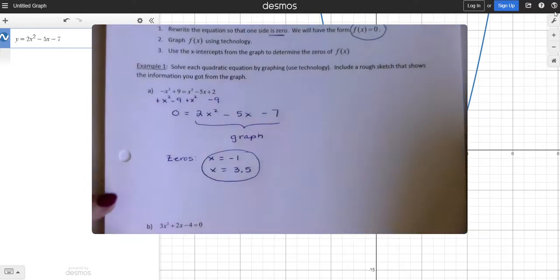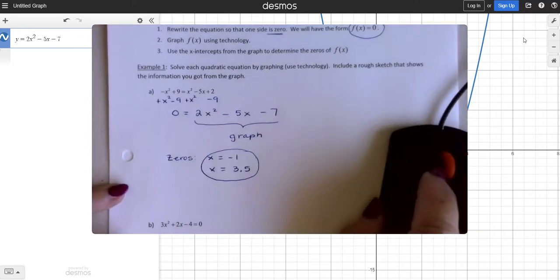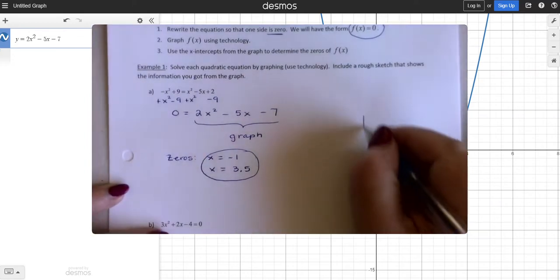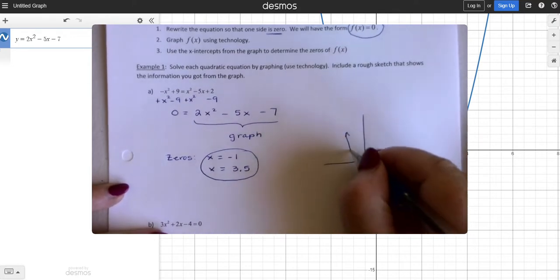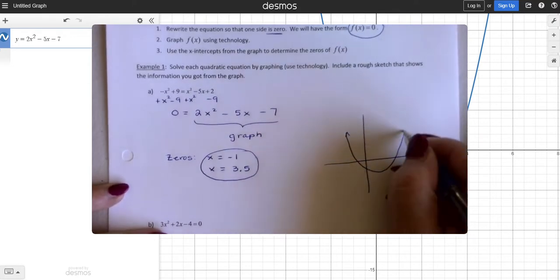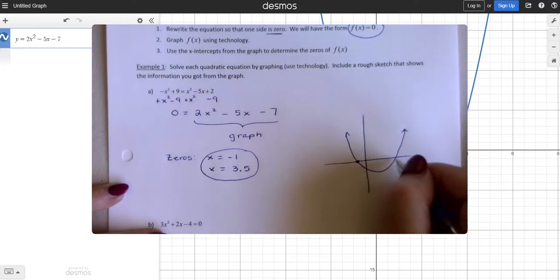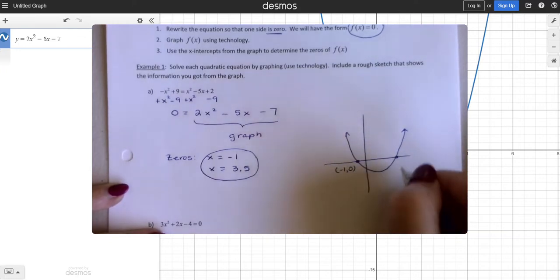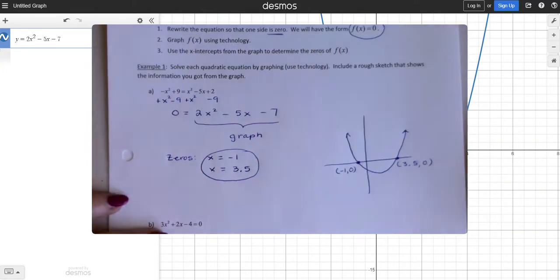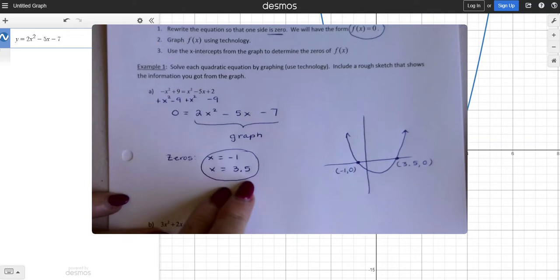In terms of just sketching a little graph here, all I really want you to show me is this, that you graphed your function, and when you did, the x-intercepts were -1, 0, and 3.5, 0, which then corresponded to the zeros or solutions to the equation that you found.